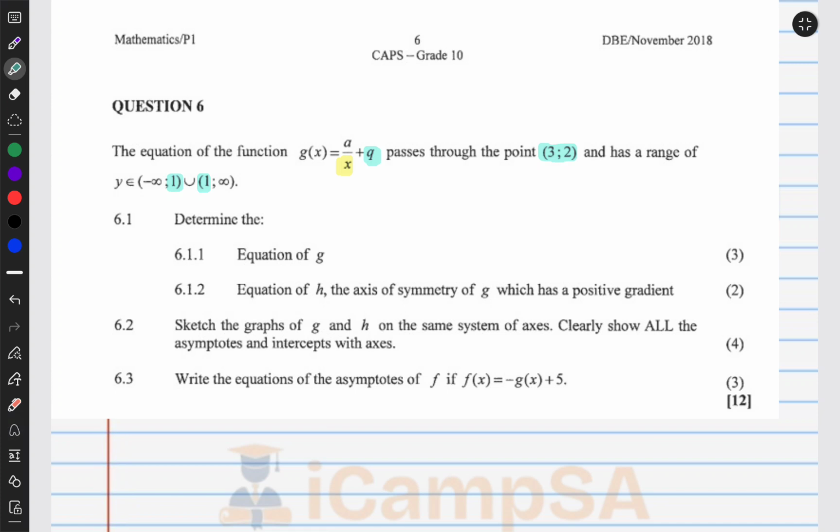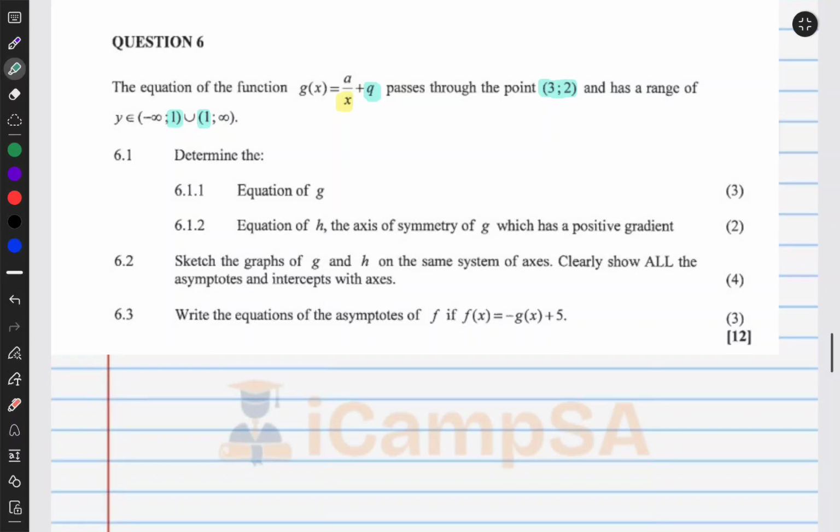What is represented by the horizontal asymptote in the equation is the value of q. So we already have the value of q, we have the coordinates, we can determine the equation of g, which is question number 6.1.1. So for 6.1.1, we are saying q is equal to 1, reason being horizontal asymptote.